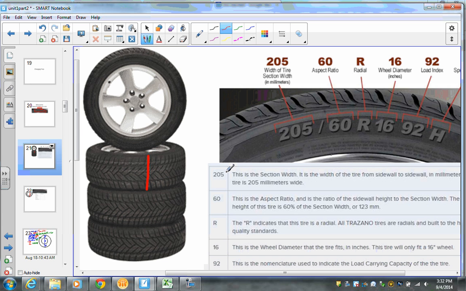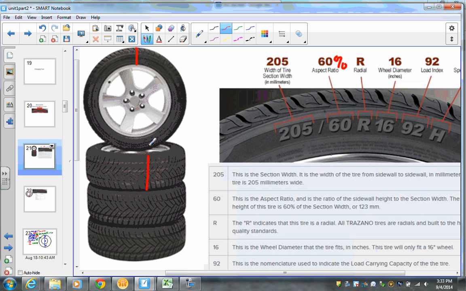Now, the next number is the aspect ratio, and this 60 represents a percent. The aspect ratio is a comparison between how fat the tire is and how tall it is. Using my mouse here, how tall the tire is means everything from here all the way to here, the top of the tire all the way down to the rim.